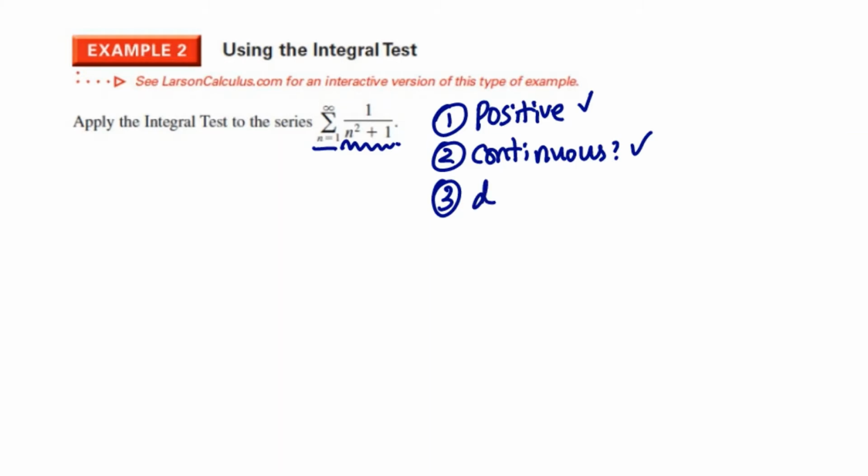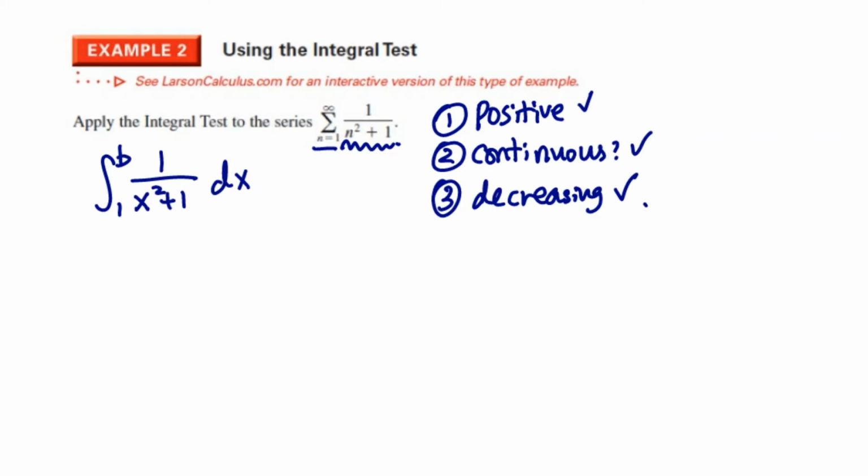Is it decreasing? As n gets greater and greater, it decreases, right? So we are going to use the integral test, and I'm going to write the integral of 1 over x squared plus 1 dx from 1 to b, and the limit as b goes to infinity.